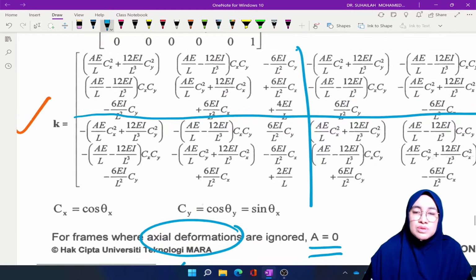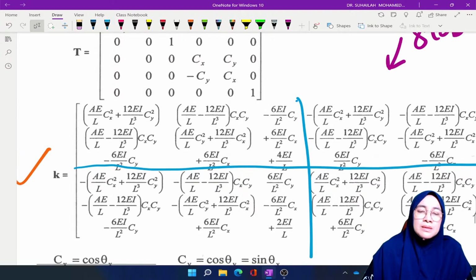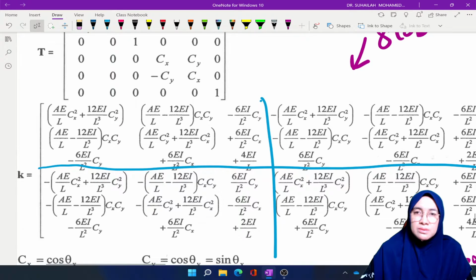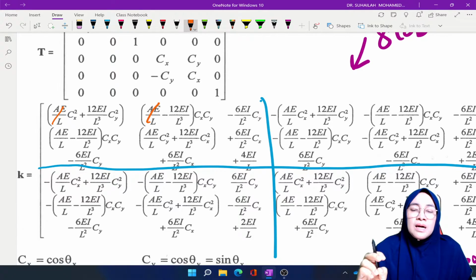When A is equal to 0, in the formula, all terms that have A will be cancelled. Actually not much.